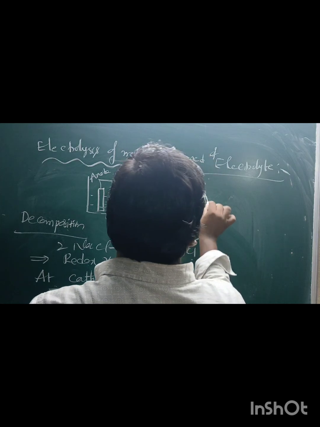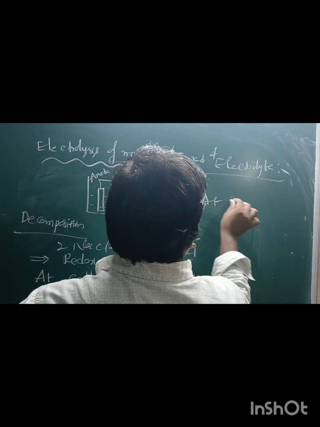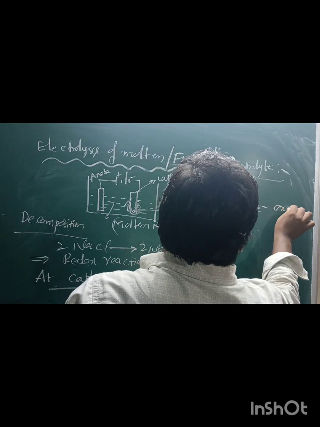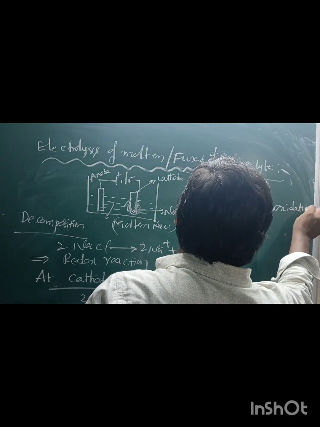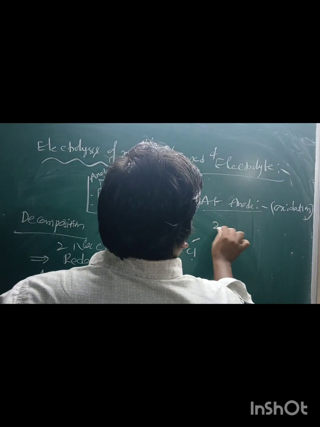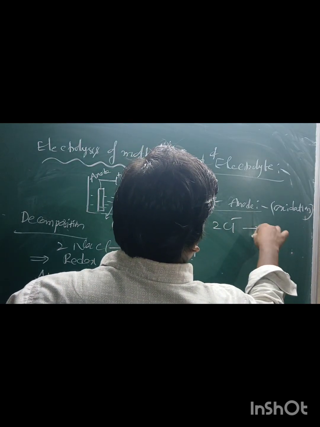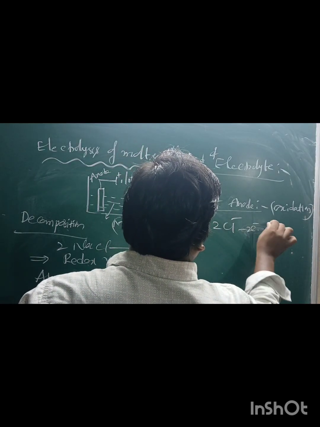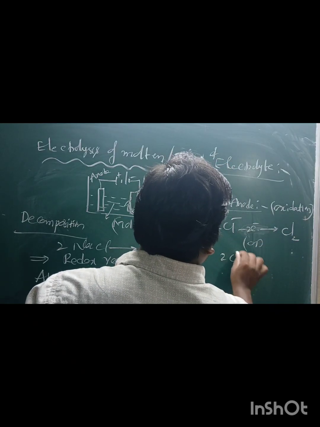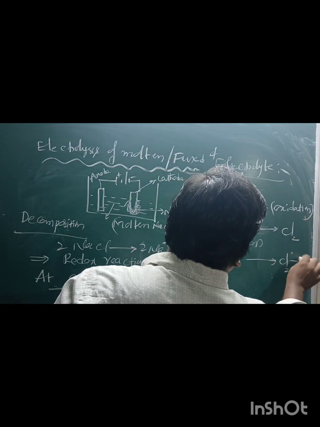Reduction takes place. At the anode, oxidation takes place. 2 Cl minus ions try to lose electrons to form Cl2, or 2 Cl minus try to lose 2 electrons.